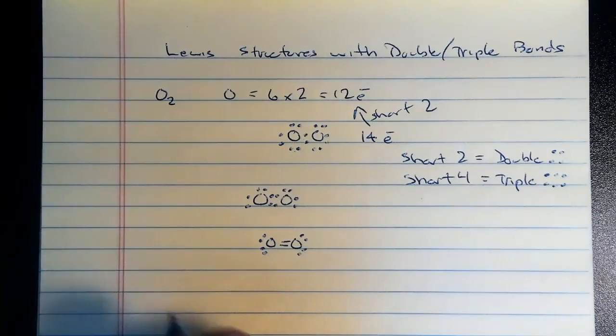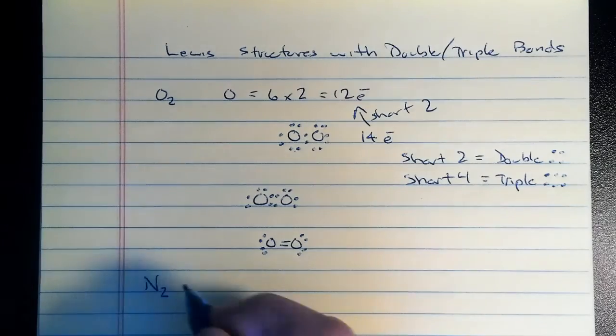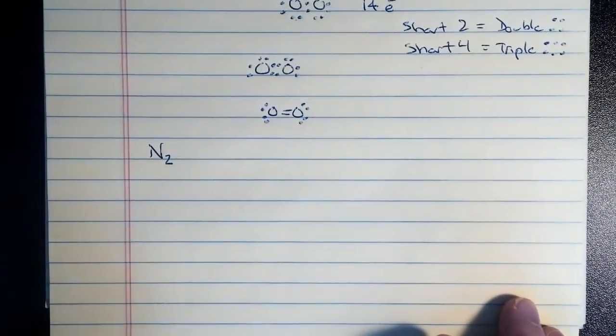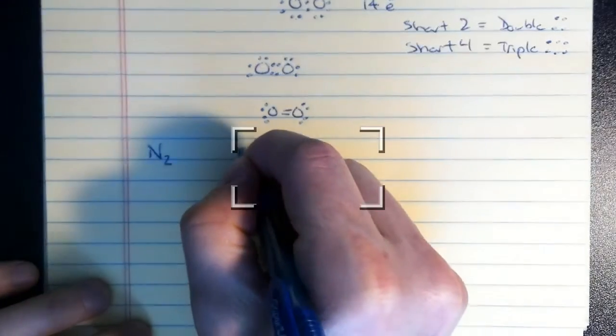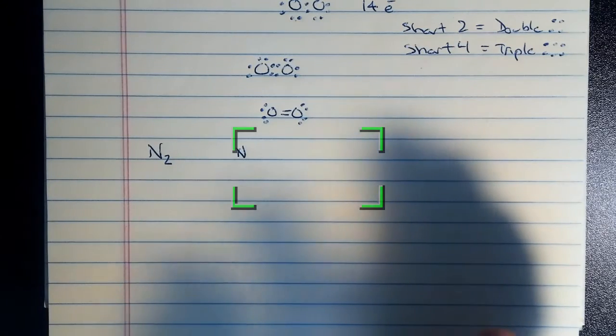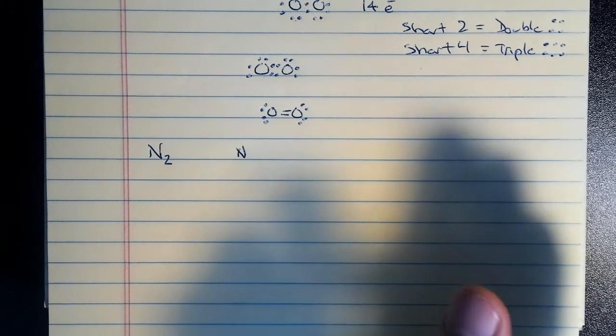Let's look at nitrogen, N2. Now N2, count up your electrons, and you can pause me so you can count them up. Go ahead and pause it.